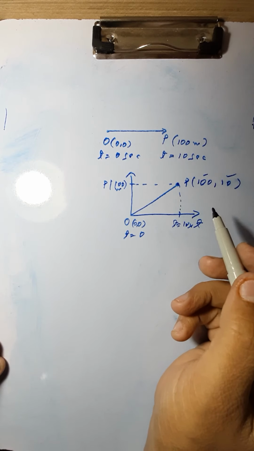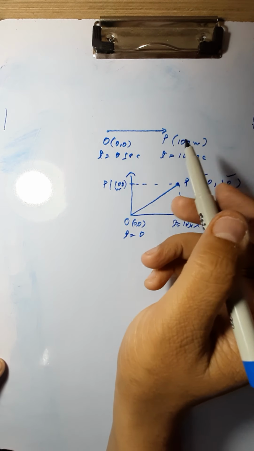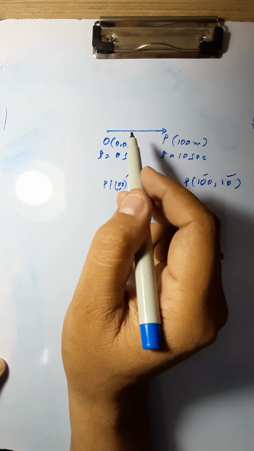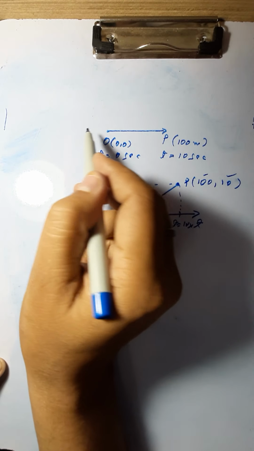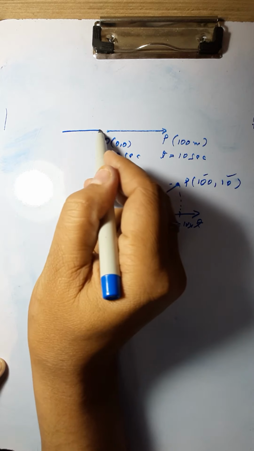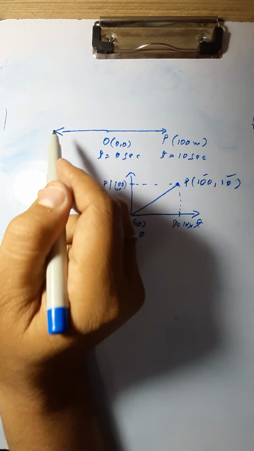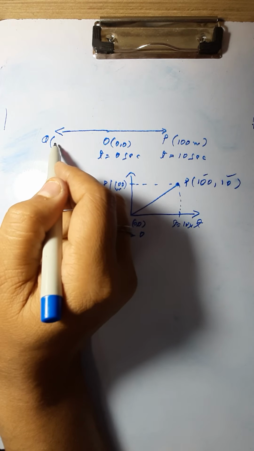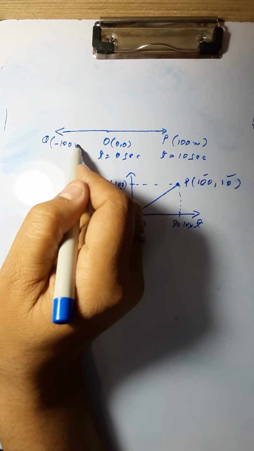Suppose instead of going towards P, the particle moves with a uniform velocity in the negative x direction to a point Q whose coordinates are minus 100 meter.